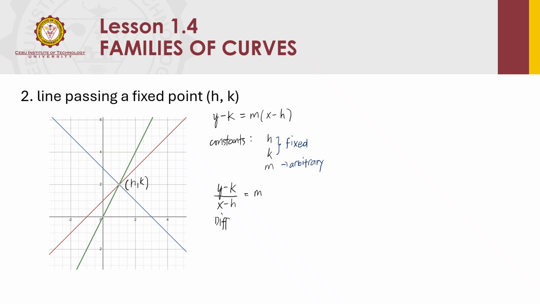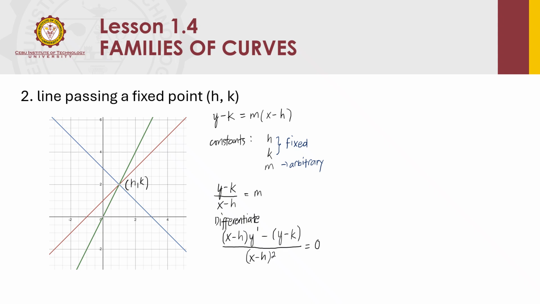So we're going to differentiate. We have x minus h times the derivative of the numerator, which is y prime, and then minus the numerator times the derivative of x minus h, which is 1, and then all over x minus h quantity squared. And the right side, its derivative is 0.